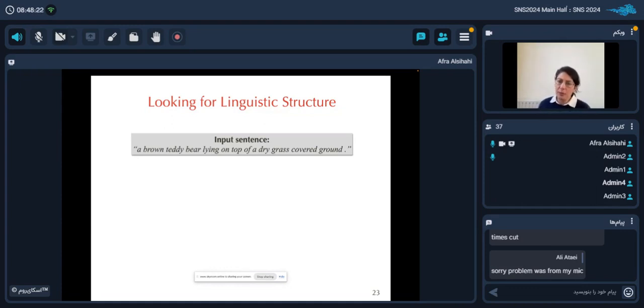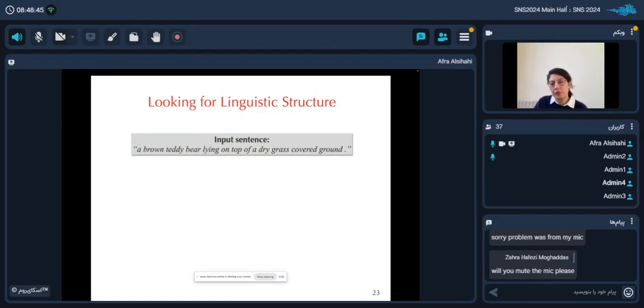We can, to some extent, address this question using the same simple input perturbation or input manipulation techniques that I already talked to you about. For example, we have an input sentence: a brown teddy bear lying on top of a dry grass covered ground. It's a long sentence.